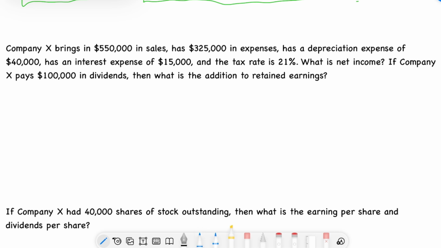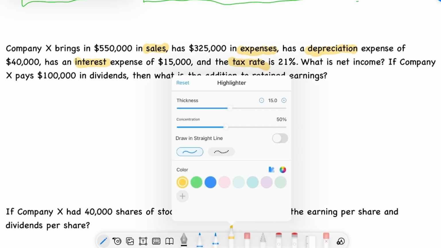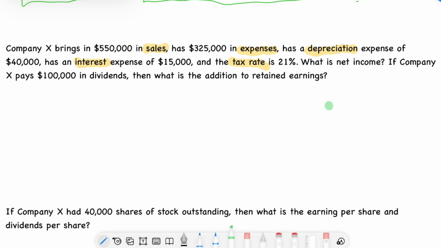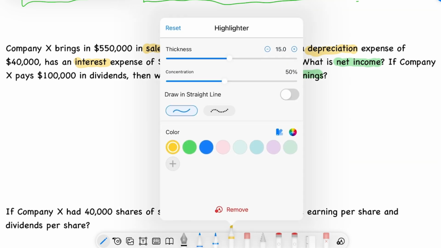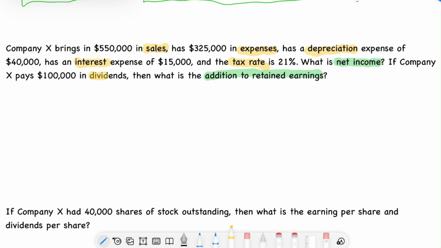So we are given sales, expenses, depreciation, interest, our tax rate, and we want net income and the addition to retained earnings when we're given the dividends that we pay.